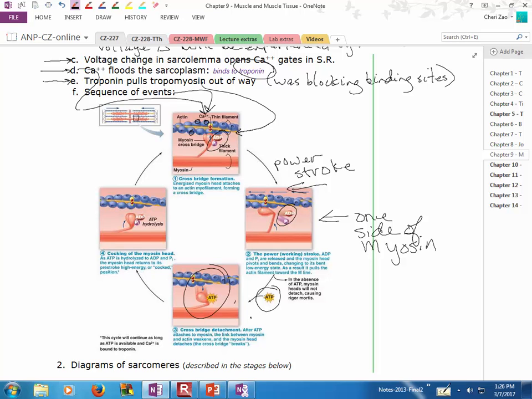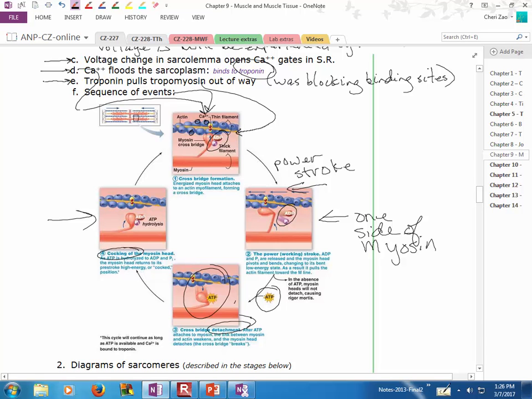It will detach the myosin heads and reset them. That requires energy. And that's why you see in this picture over here, this resetting of the myosin head has finally used up all of our ATP. And that's what's important. ATP is required for detachment and resetting.